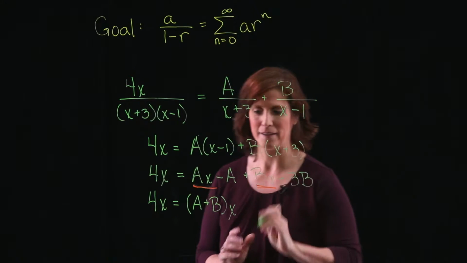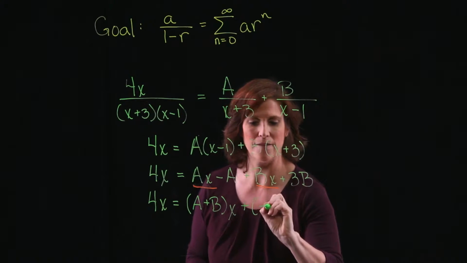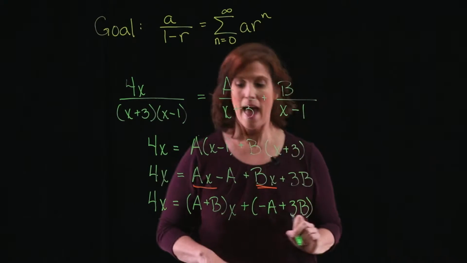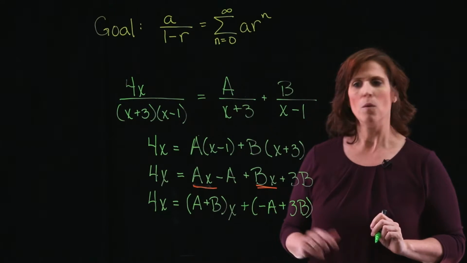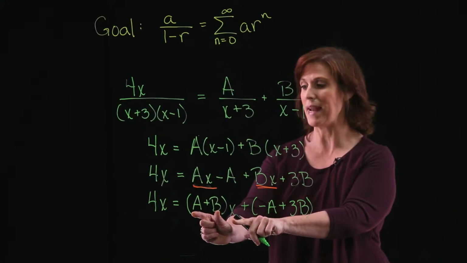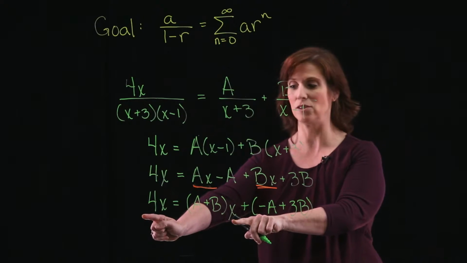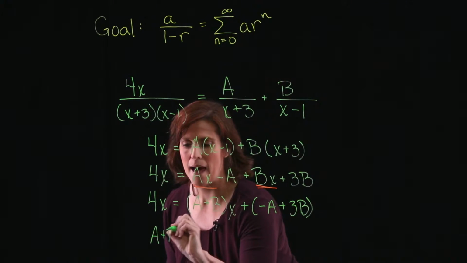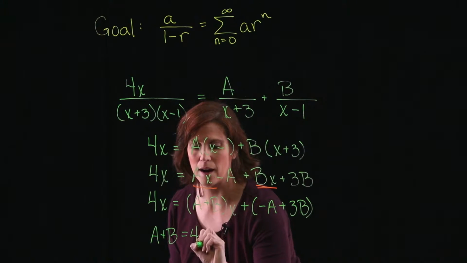And I have a negative a plus 3b as my constant terms. Well, what does this tell me? Well, I know then that a plus b, the x term on the right-hand side, has to be the same as the x term on the left-hand side. So a plus b must equal 4.